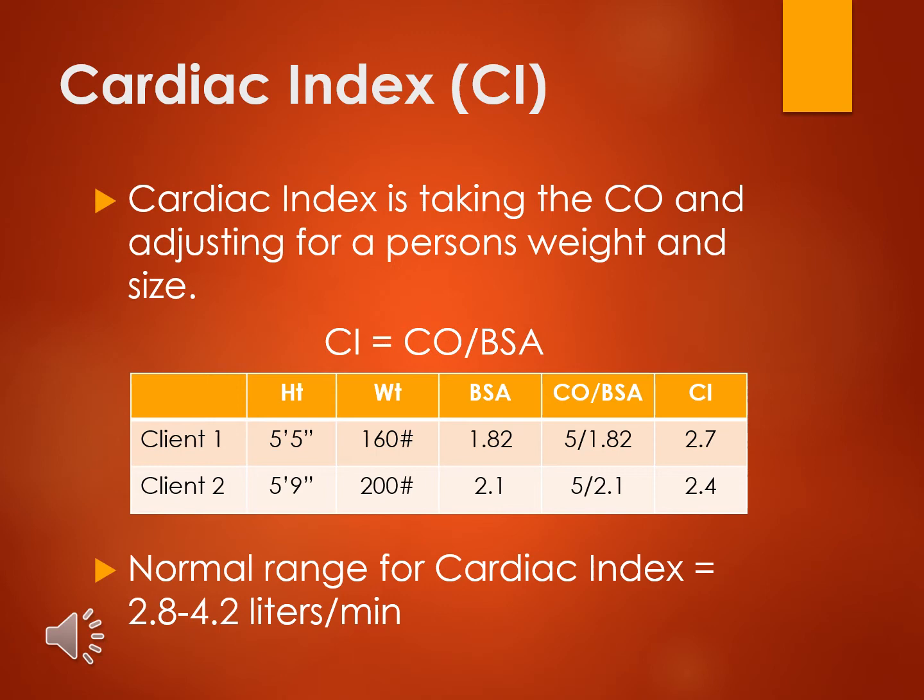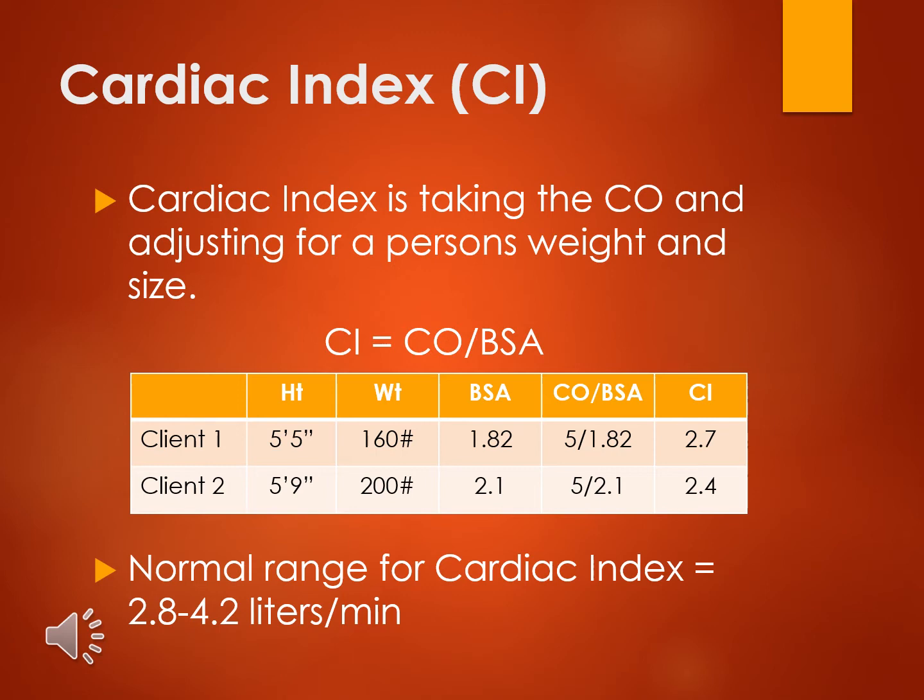So if I were to give you a client number 1, we're just going to say a female client. Their height is 5'5", their weight is 160. If you were to get onto a body surface area calculator, they would figure at a 1.82 meters squared body surface area.